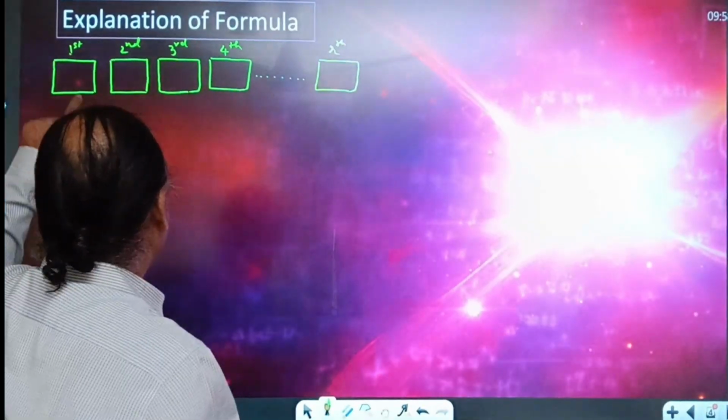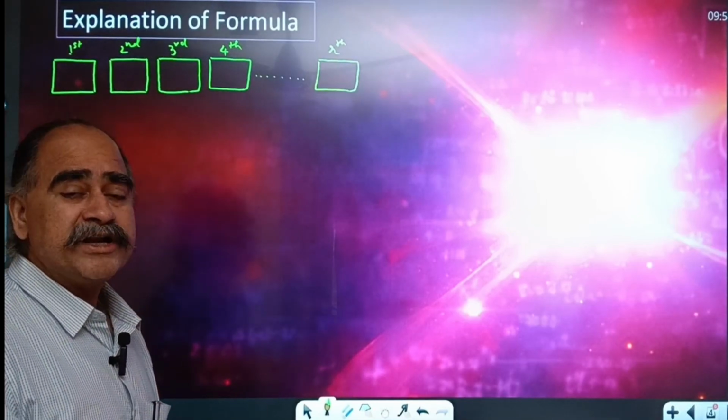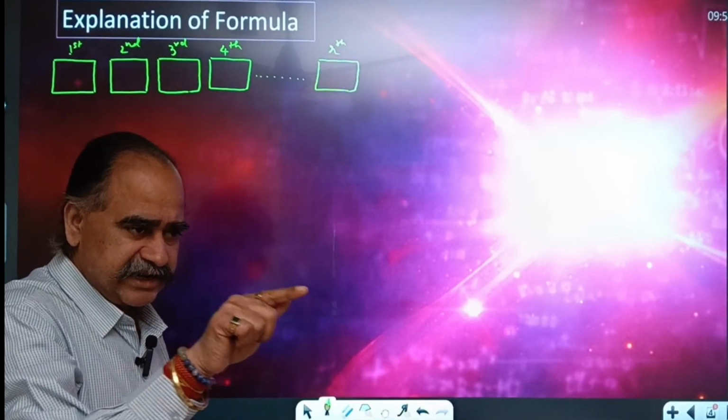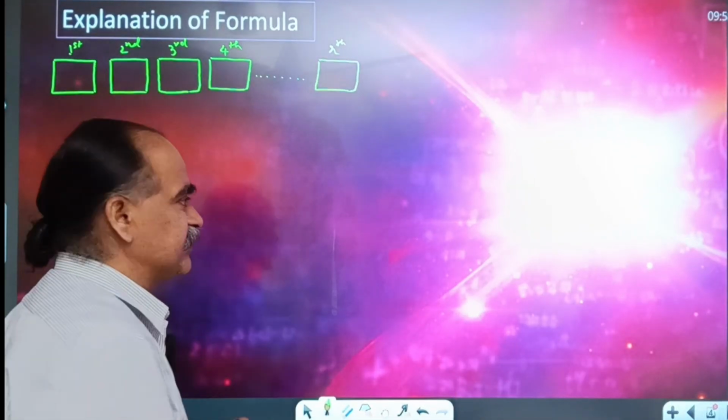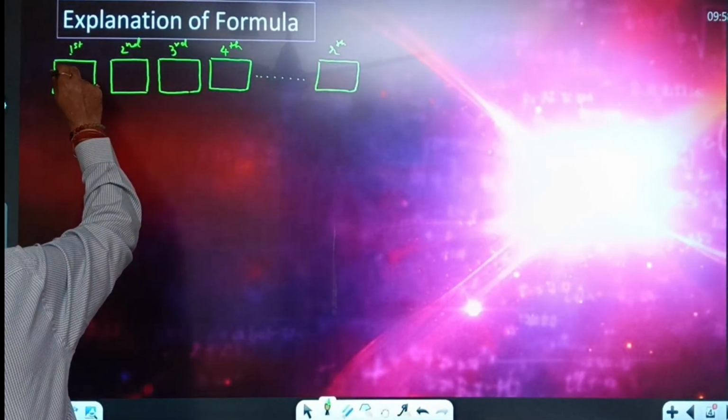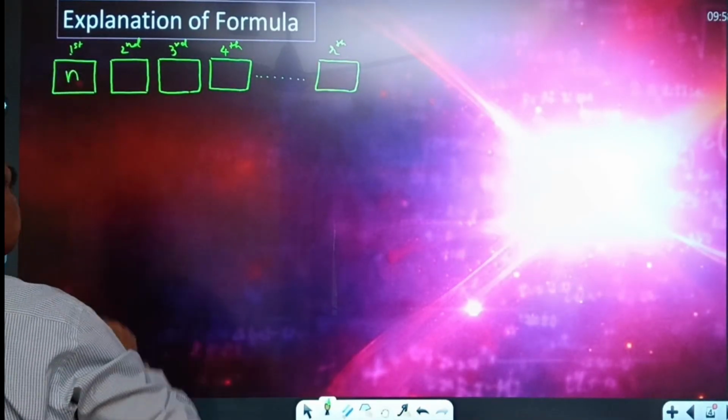So at the first place, how many arrangements are possible? I can arrange any of the n persons on the first chair, so n ways.